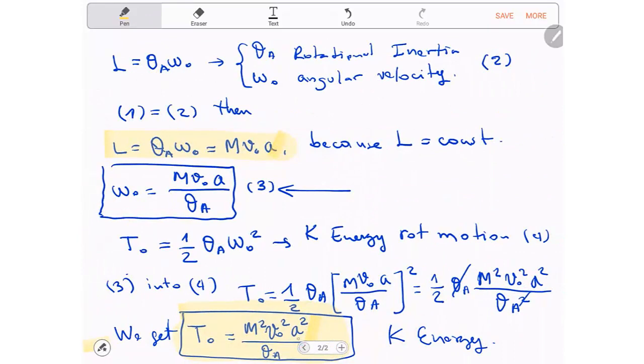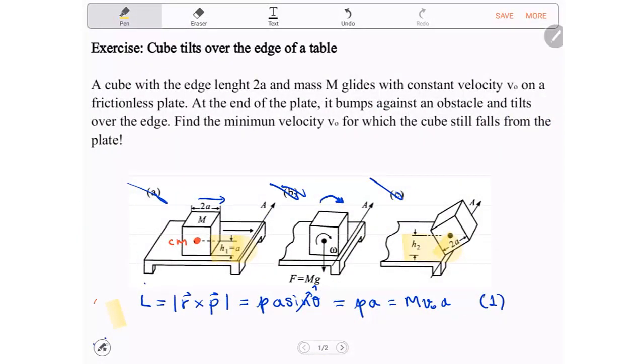So let's do this real fast. This is H2, right? And this is 2A, and this is 2A.